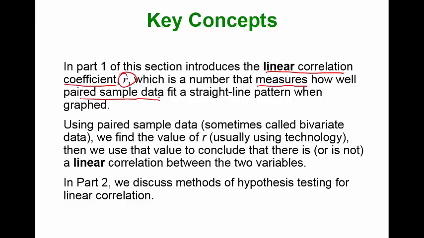We're going to look at this data, which is called bivariate data, and we're going to use the TI-83 to find our correlation coefficient. After our introduction to the correlation coefficient, we're going to perform a hypothesis test to see if there is in fact correlation.